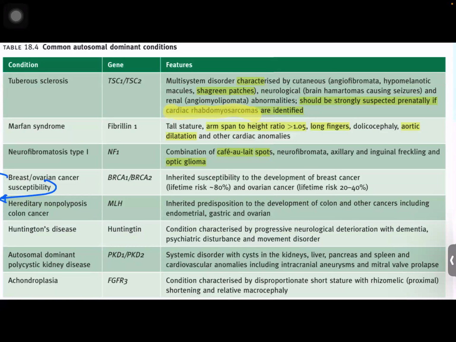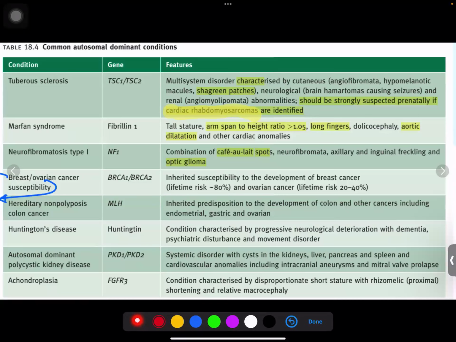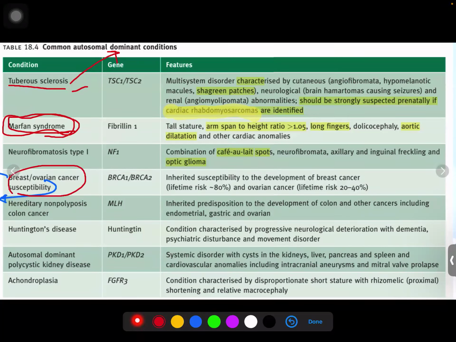This I just put as the table from your book. You don't need to go into detail of these symptoms, these clinical features. First, you have to know what the disease condition is and what the inheritance pattern of these conditions is. So, tuberculosis, Marfan syndrome. Marfan syndrome is important, it comes in the exam as well. And breast cancer is very important. BRCA1 and BRCA2.